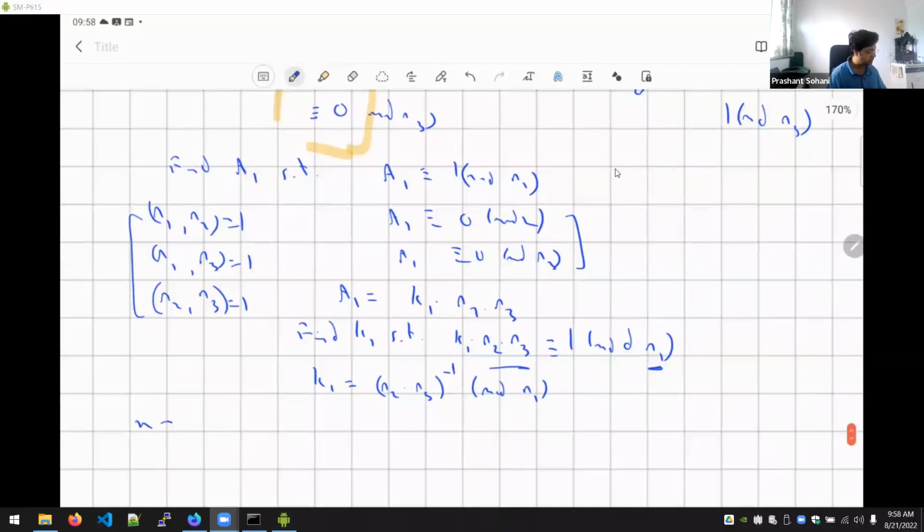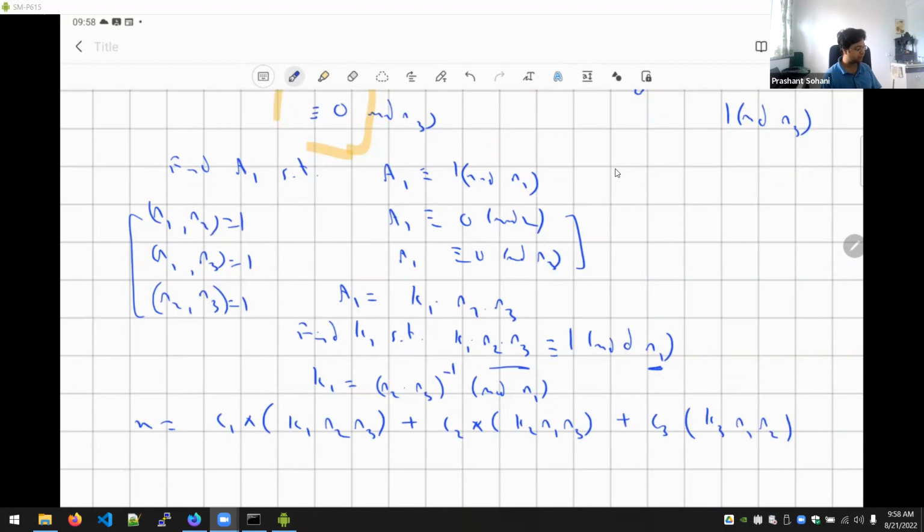X will be composed of three terms. First term is C1 times this first block, K1, N2, N3. In the same way, C2 will have K2, N1, N3. And the third term will be C3 times K3, N1, N2.